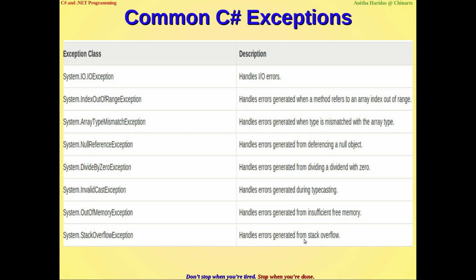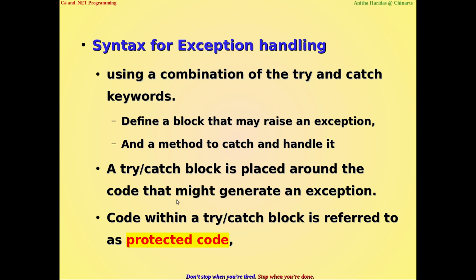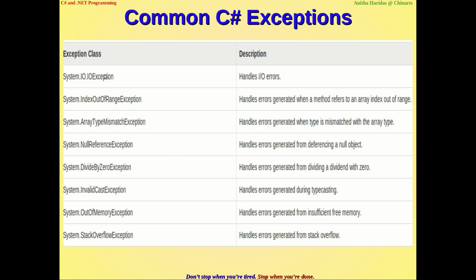And if you have any stack overflow, then it is called StackOverflowException. So in your try block, if you get any of these types of runtime errors, they can be caught in a catch block using these kinds of exception objects.